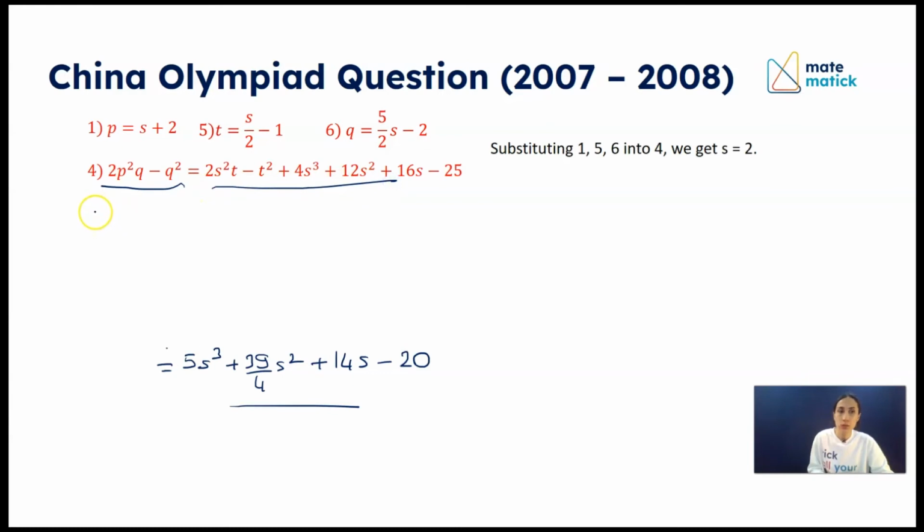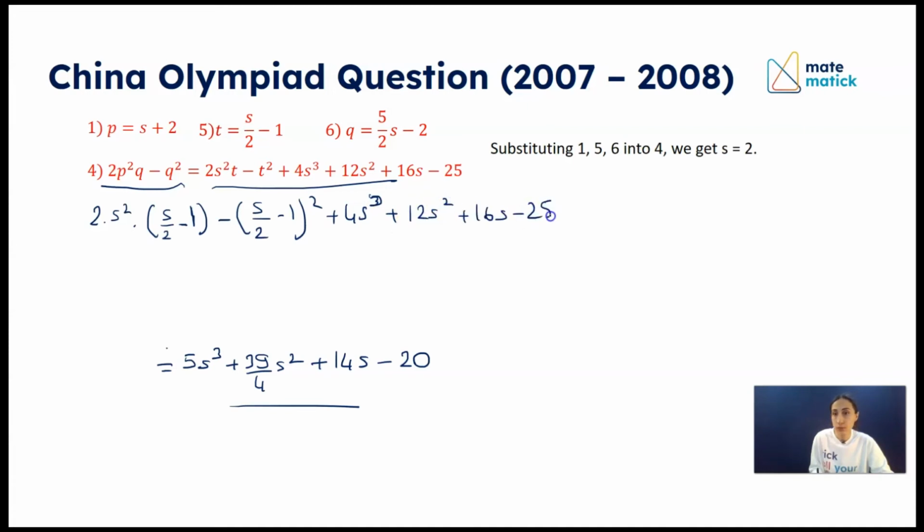This is equal to 2 times S squared times, instead of T, I'm going to write S over 2 minus 1, and then minus (S over 2 minus 1) squared, plus 4S cubed plus 12S squared plus 16S minus 25.